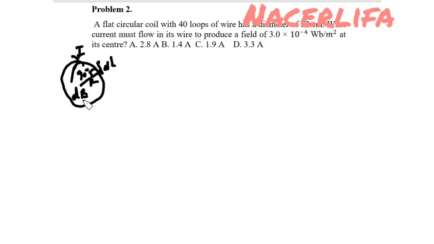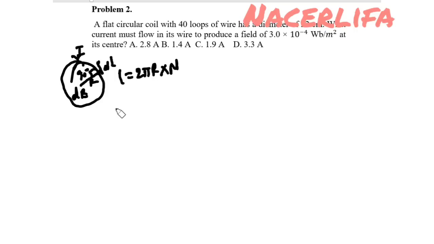And how do we define it? If you look at this, the circumference of a circle is 2 pi r, and this is just the infinitesimal length. So to find the L will just be the circumference of this circle times the number of loops or the number of turns.